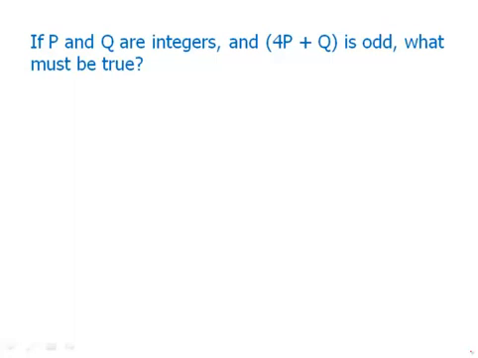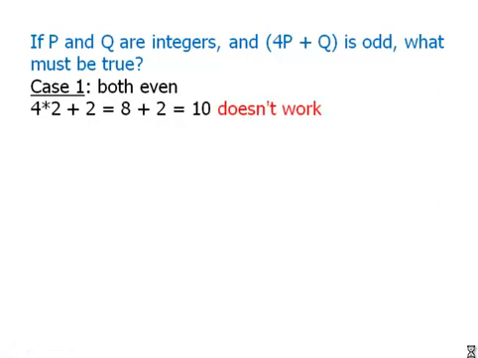If p and q are integers, and the quantity 4p plus q is an odd number, what must be true? Let's start with the 4-case method. If they're both even, we plug in p equals 2 and q equals 2, we get 8 plus 2, which is 10, which is an even number.